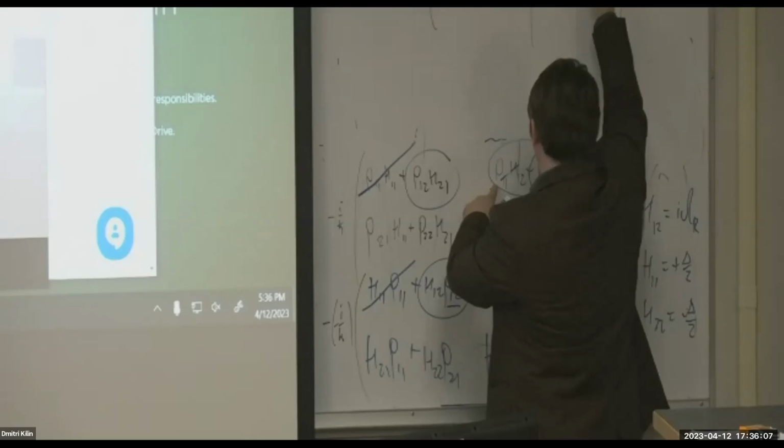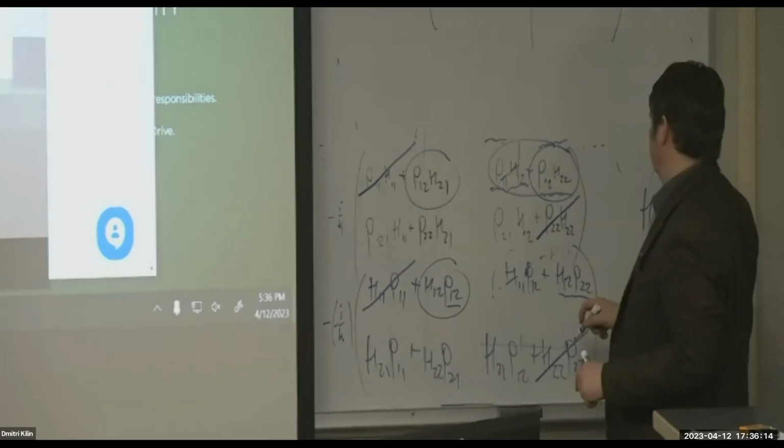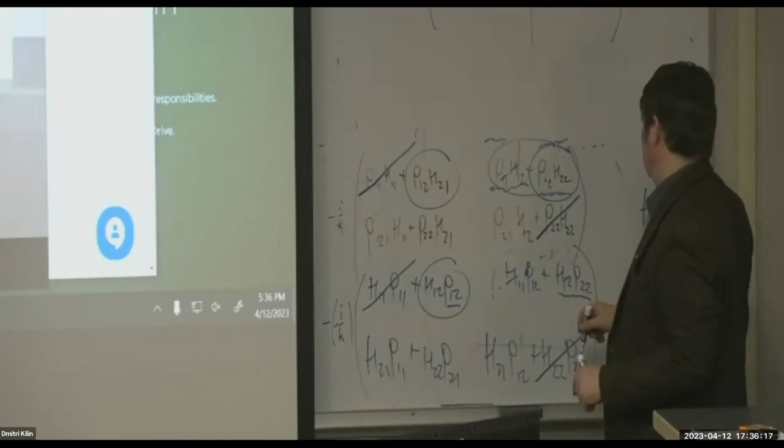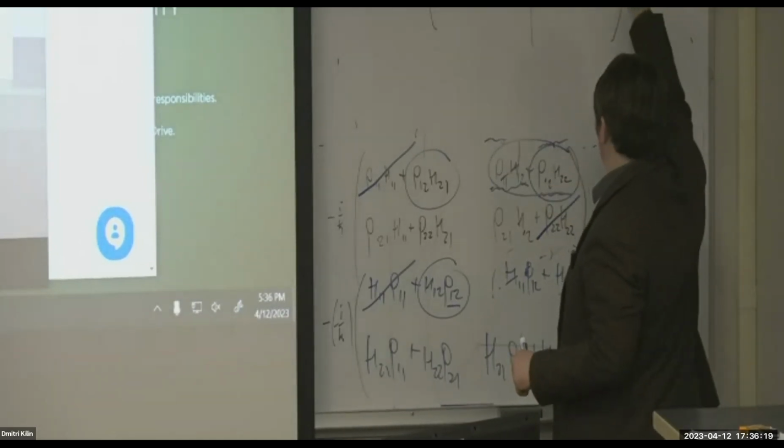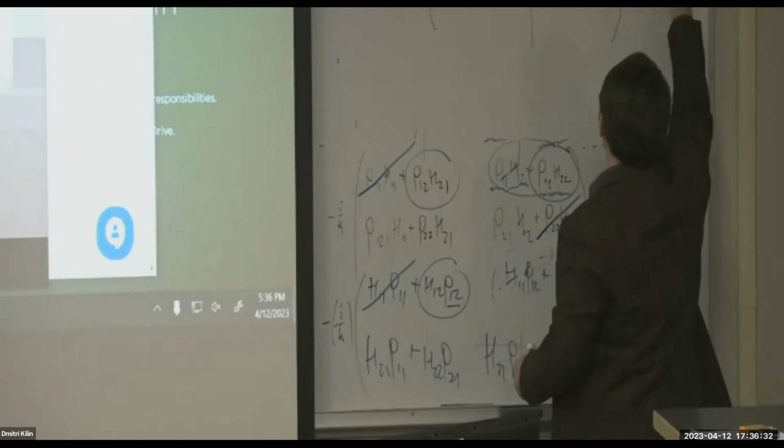Row 1 minus row 2 times H12. So I noticed this one and this one. Then the next, row 1, 2, H22 minus H11. So 50% done.